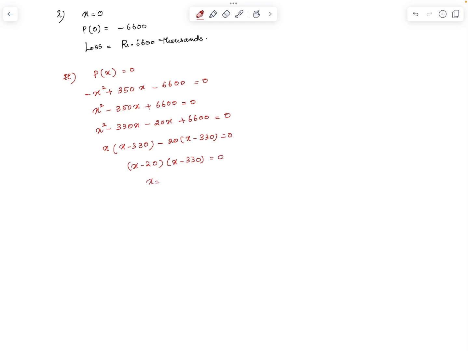That is, x is equal to 20 and x is equal to 330. That is, the break even is 20 cars and 330 cars.